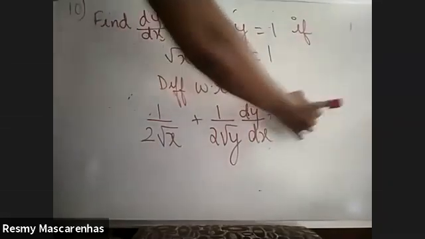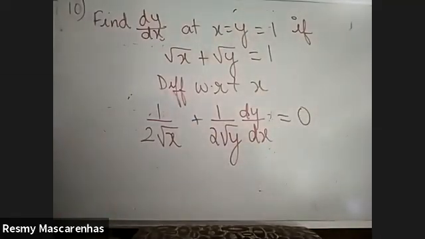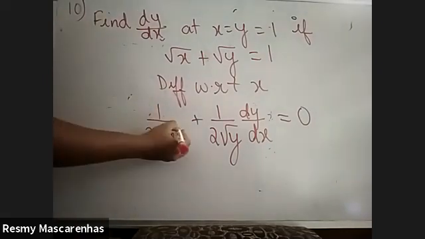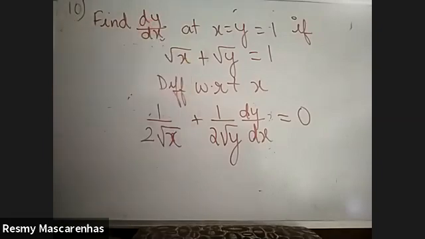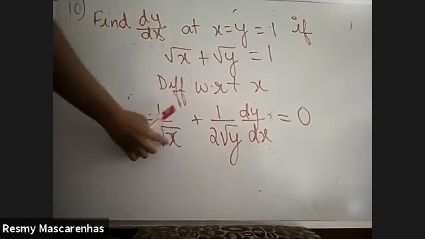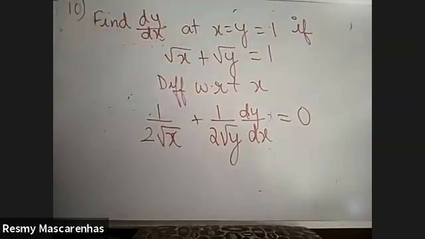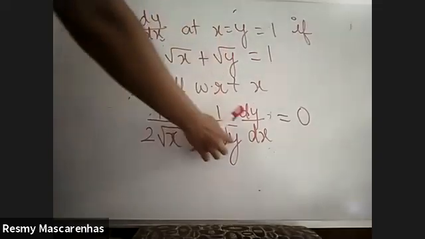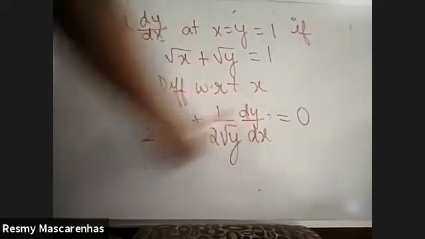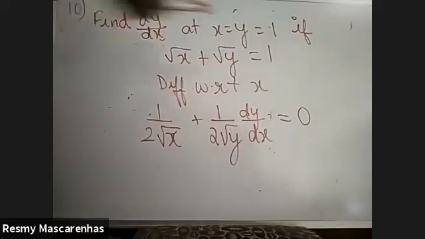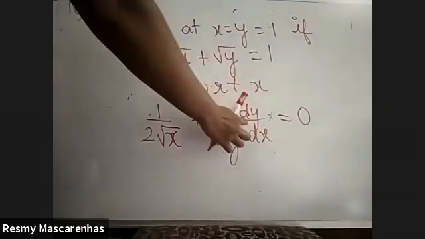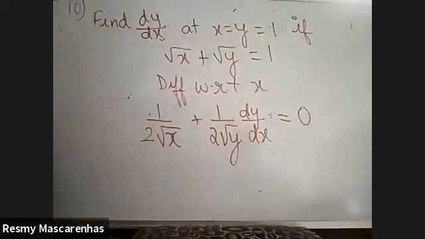And derivative of 1 will be 0. Okay, so these derivatives are fixed. Derivative of root x is 1 upon 2 root x. Derivative of root y will be 1 upon 2 root y extra dy by dx. And derivative of 1 will be 0. Now keep dy by dx there only. Take the remaining terms on the other side.